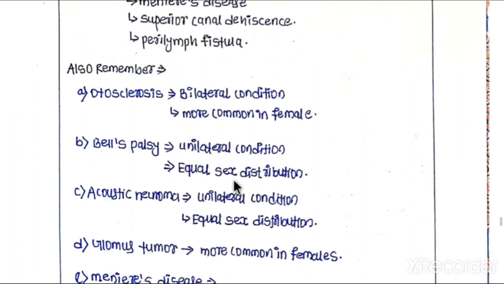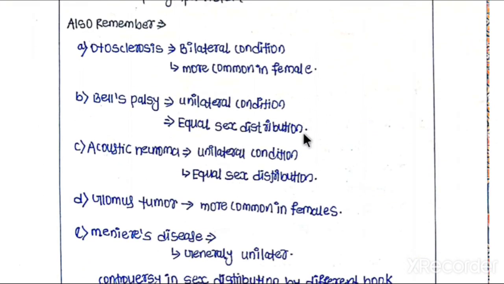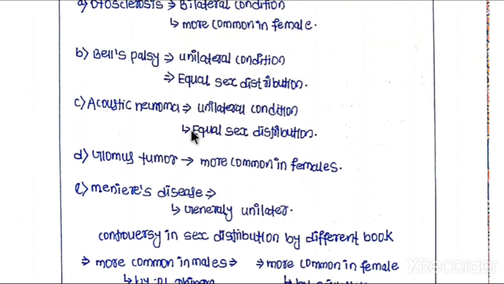We can also remember the laterality and whether it is common in male or female. Otosclerosis, generally it is bilateral and more common in female. Bell's palsy, it is unilateral and equal in both sexes. Acoustic neuroma is a unilateral condition and it is also equal in sex distribution. Glomus tumor, more common in female.